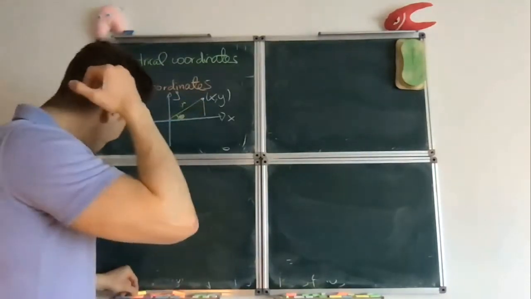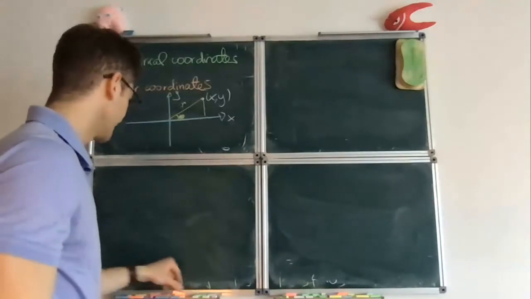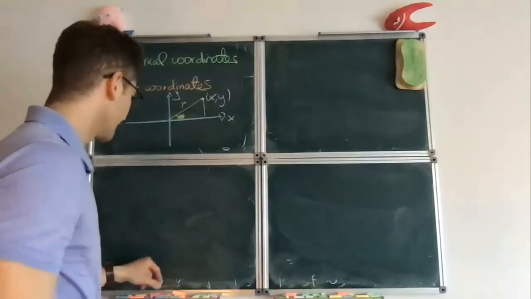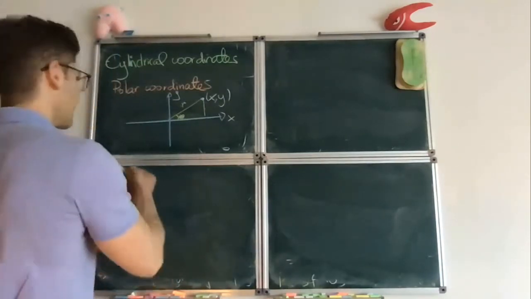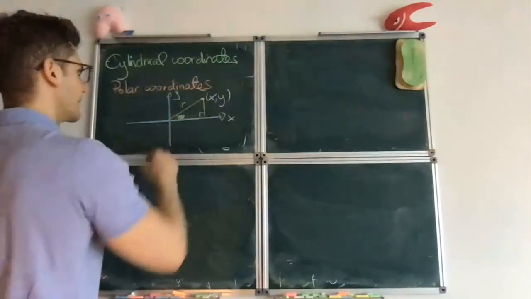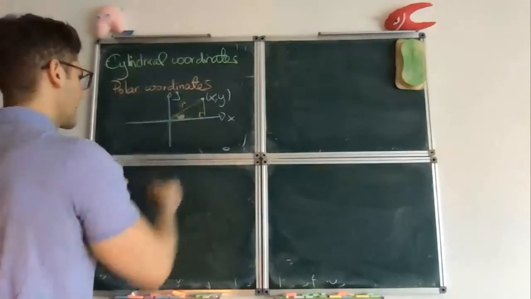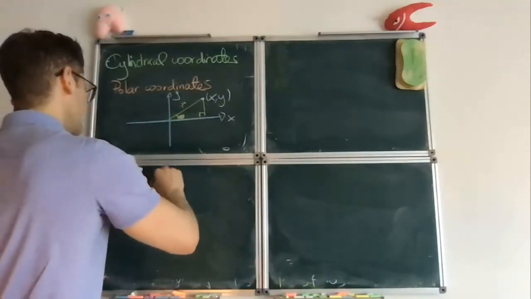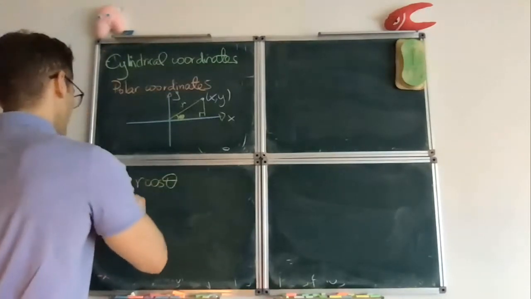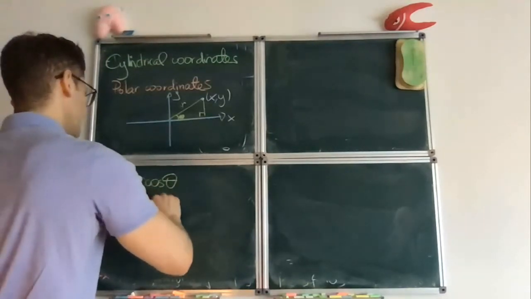And so the change of variables, if you remember it, is that, just by basic trigonometry, because this is a right triangle, you can say that x equals r cosine of theta, y equals r sine of theta.